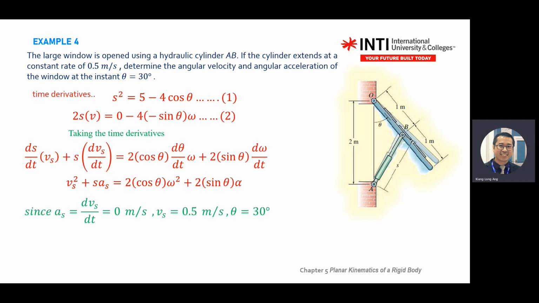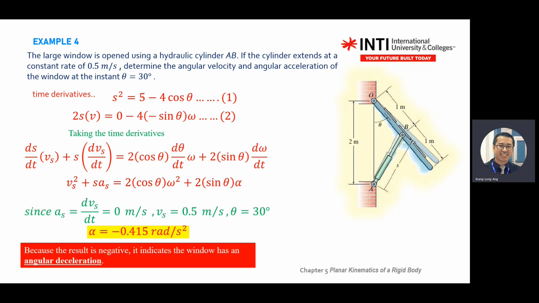You get one more equation. And acceleration dv dt equals 0. Why 0? Yes, constant velocity, acceleration 0. V and S were given, theta was given, substitute inside, you get your alpha. So you get negative: the window slows down at 30 degrees. The piston is initially very fast, but when it comes to 30 degrees, it slows down. So in the coming assessment, you need to describe the motion of the rigid body.